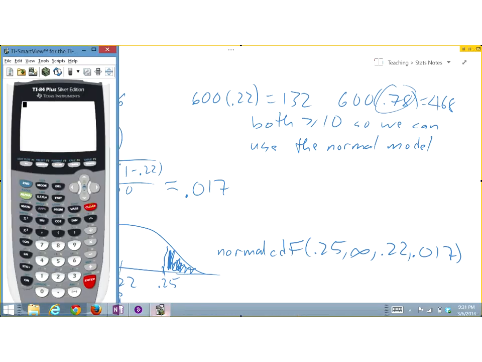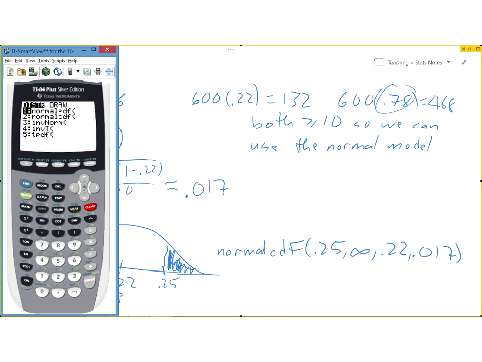All right, so clear, second, and the variables key to bring up my distributions menu. And then I choose number 2, normal CDF, 0.25, and then a comma, and then a big number, then another comma, and then 0.22, comma, and then 0.017.